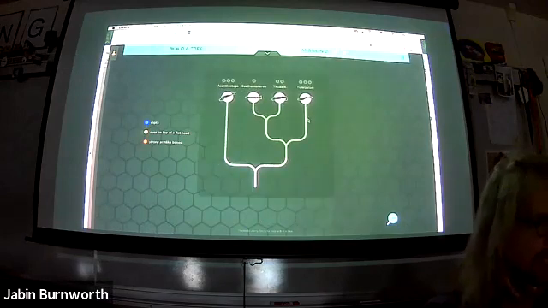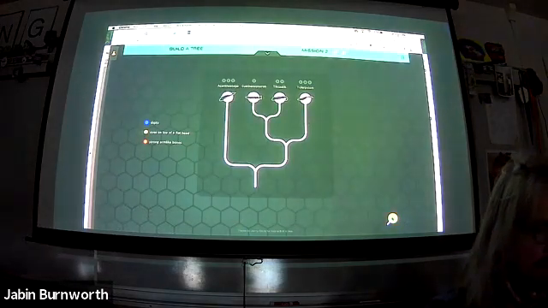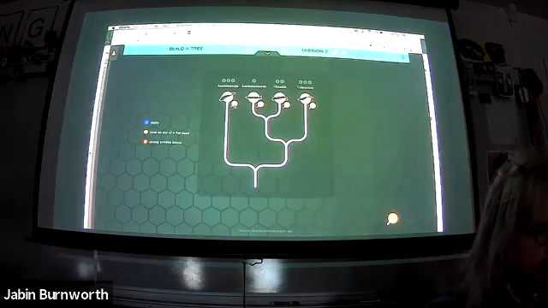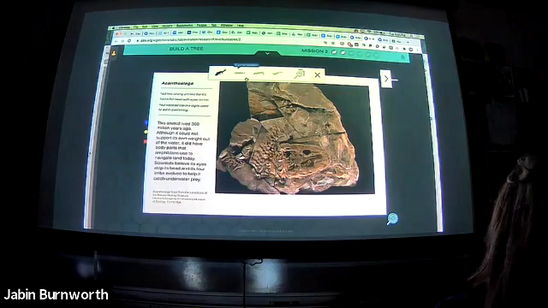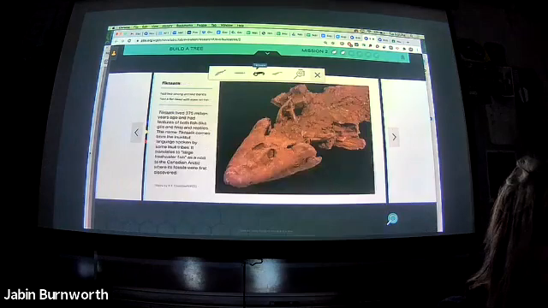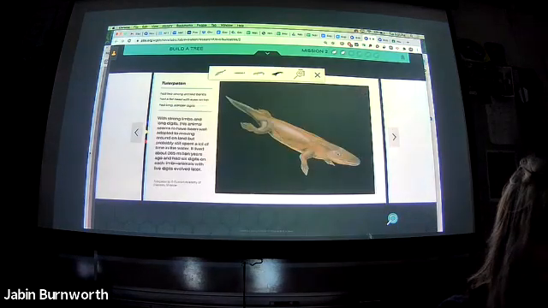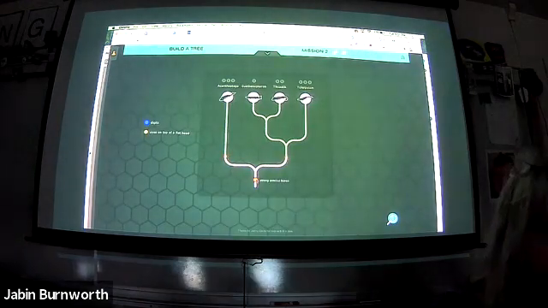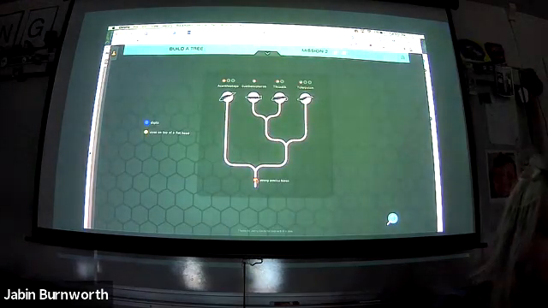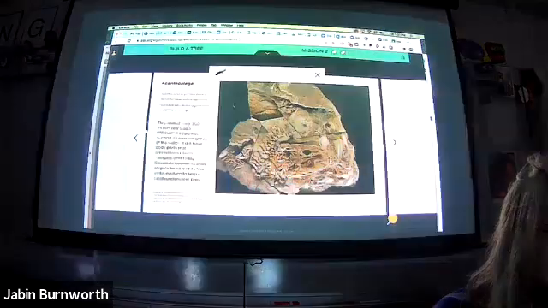Tiktaalik, by the way, is the one bone, two bones, lots of bones, digits. I can't figure it out. Arm-like bones, flat head, webbed toes. Looks like this one's got lots of arm-like bones. Strong arm-like bones. Okay, now which one has eyes, a flat head, or digits?